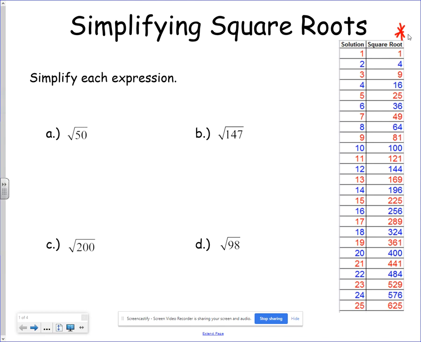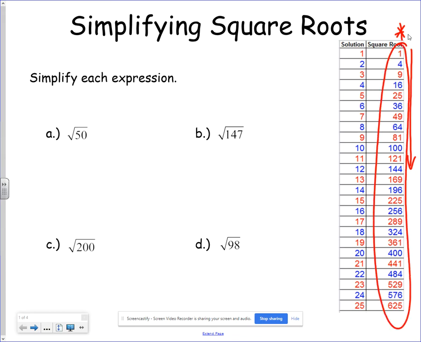So is 50 on this list over here? It's not. So now what you want to do is find the biggest perfect square that divides into 50. So the biggest number from this list that goes into 50.